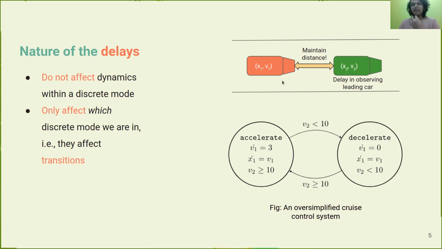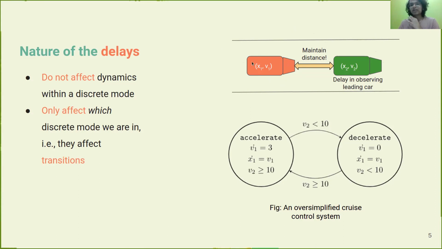Here, in this very simple toy example, we have two cars, and we are trying to control this car, which is following this green car. This can be considered as a very oversimplified cruise control problem.